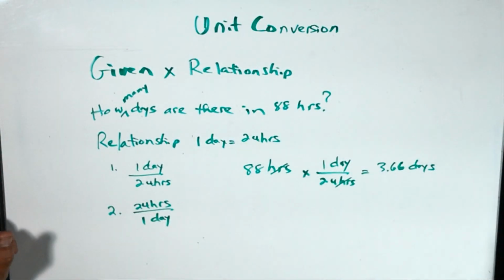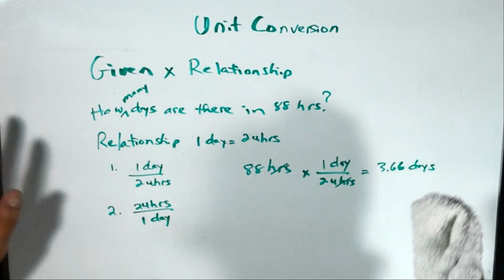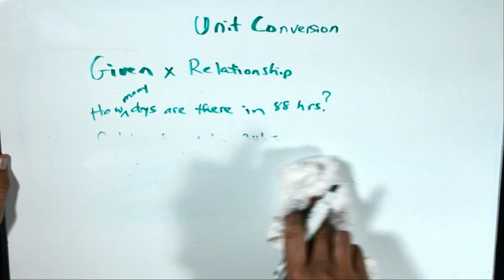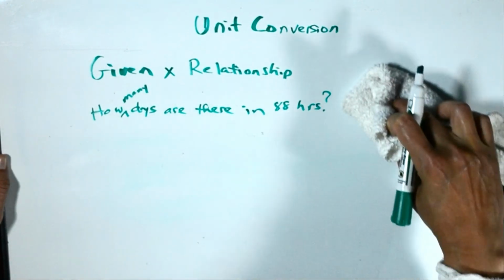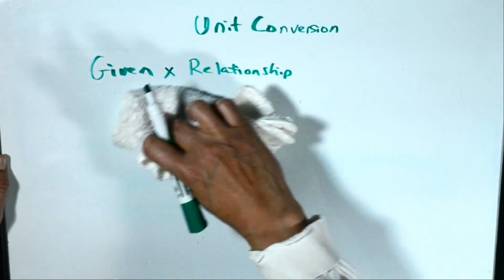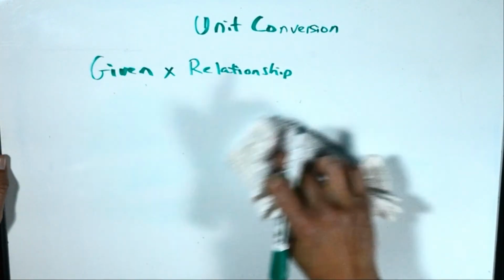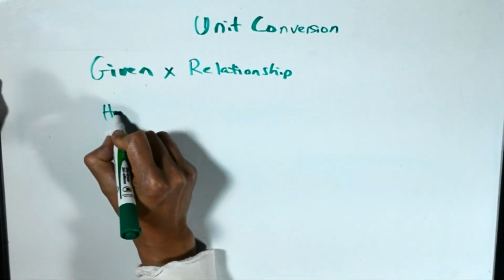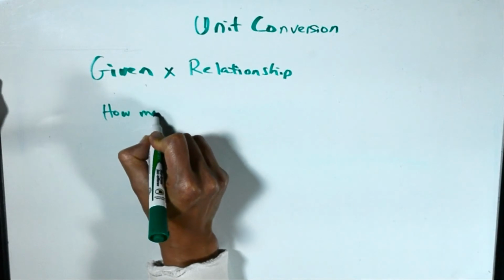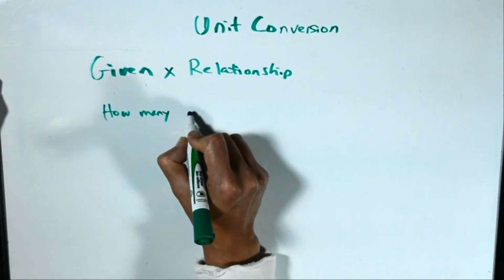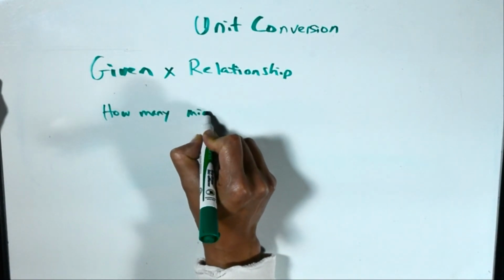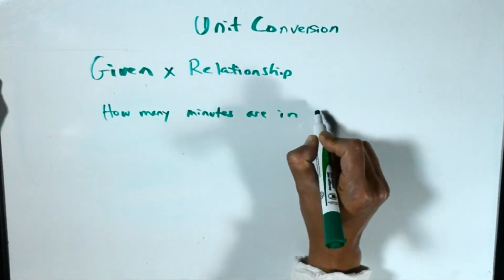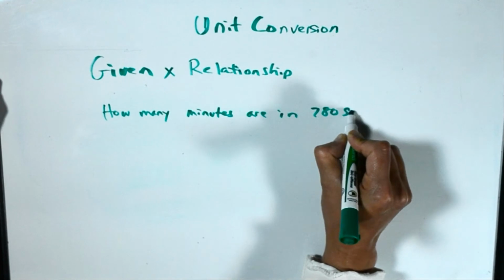Let's try another example. Let's say we want to ask a slightly different question, right? What about if we go from, instead of days to hours, let's try seconds to minutes, right? Very similar. How many minutes are in 780 seconds?